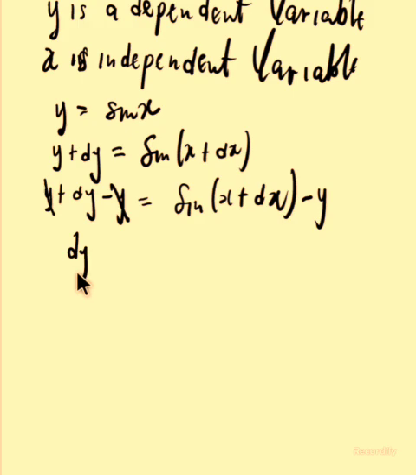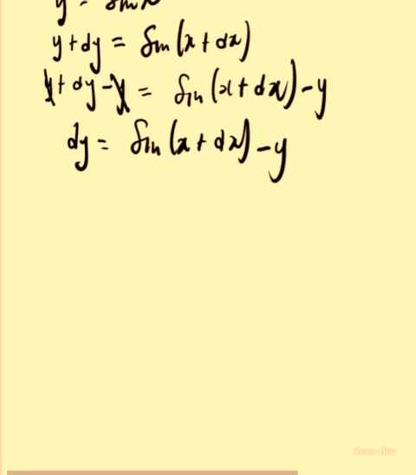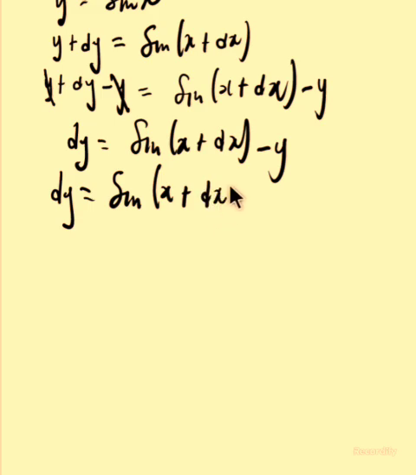So I'm having dy equals sine of x plus dx minus y. This is beautiful. And don't forget our y is given to be sine x from the function. So dy equals sine of x plus dx minus sine x, because that's the value of y here.